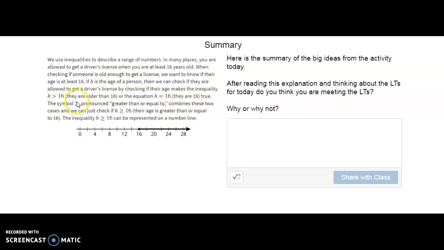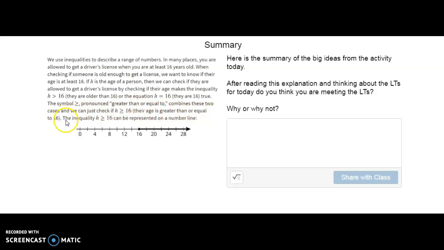The symbol with the greater than sign and the equal sign, which is pronounced greater than or equal to, combines these two cases, and we can just check if h is greater than or equal to 16, their age is greater than or equal to 16.